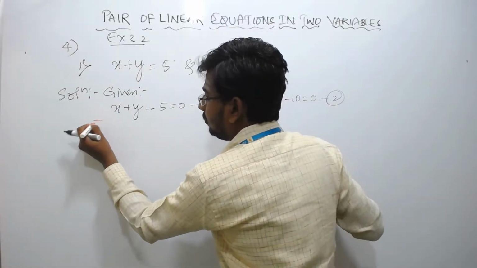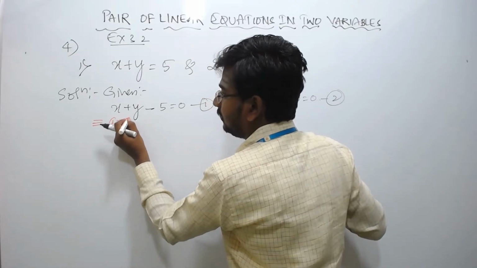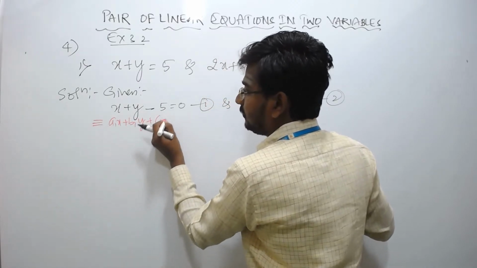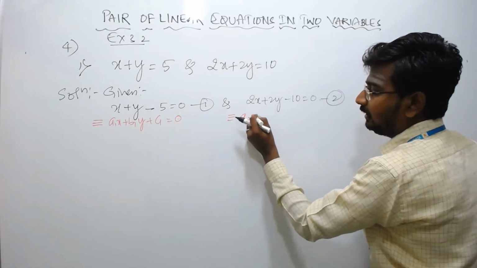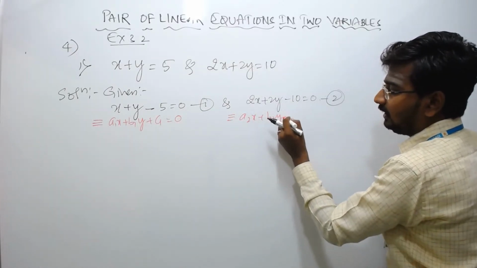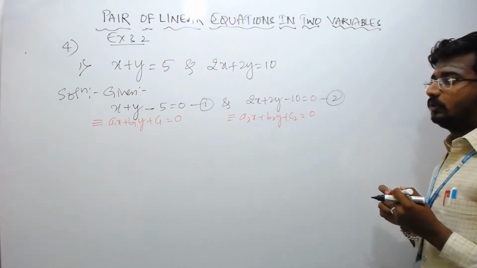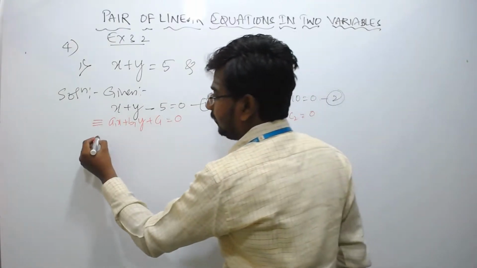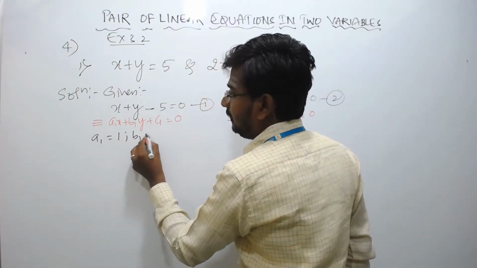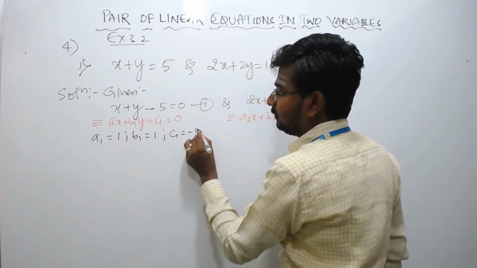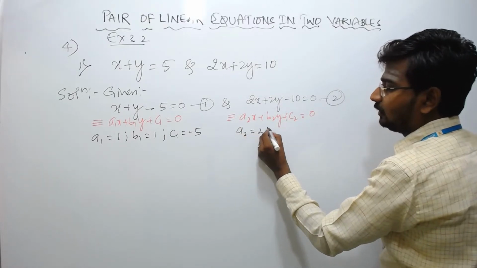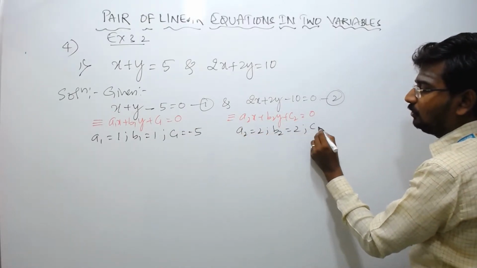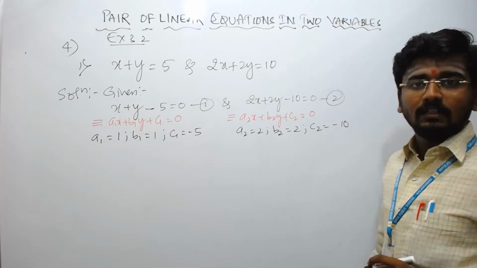So in the form of a1x plus b1y plus c1 equal to 0, and a2x plus b2y plus c2 is equal to 0. So a1 value is 1, b1 value is 1, c1 value is minus 5. A2 value is 2, b2 value is 2, and c2 value is minus 10.